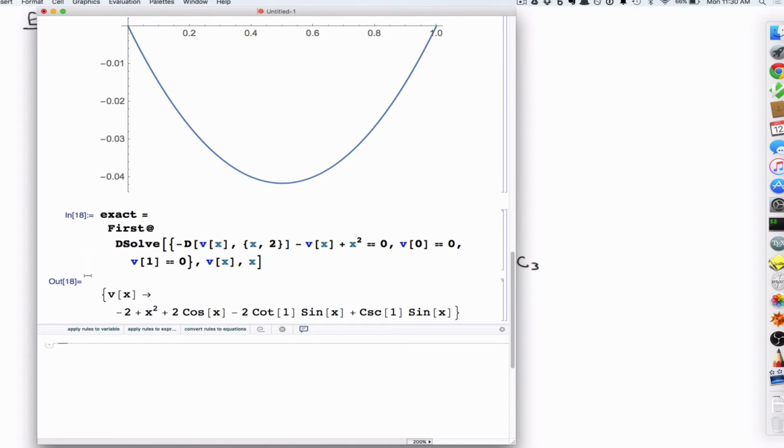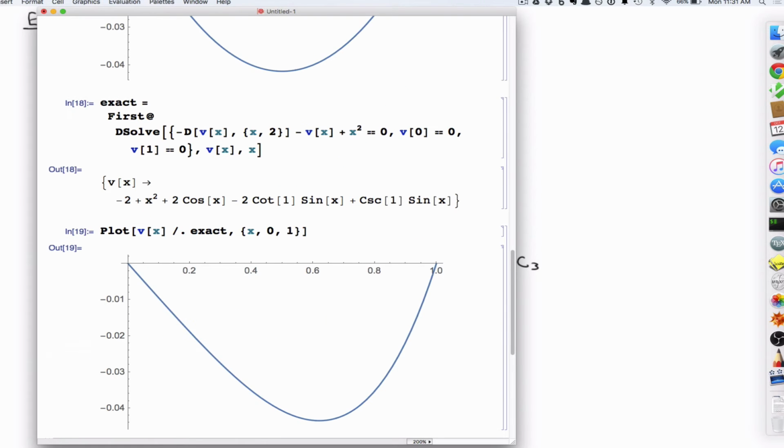So that's the exact solution, and we can plot that.